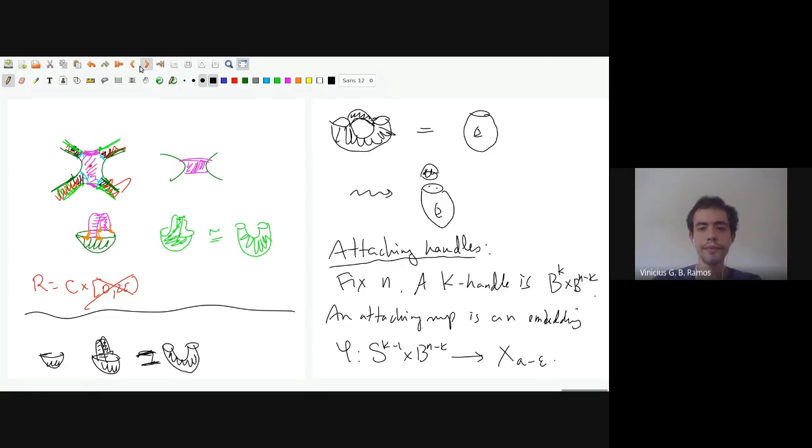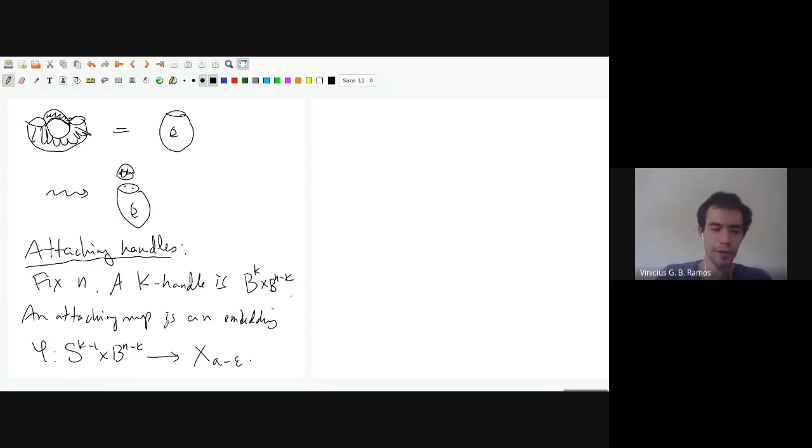You can do this for any manifold with boundary. If you have a manifold with boundary, this X_(a-ε), for example, you can attach a k handle. So how do you attach a k handle? Well, first you have to have an attaching map, which is an embedding of a part of the boundary of the handle into the boundary of the manifold you want to attach to.